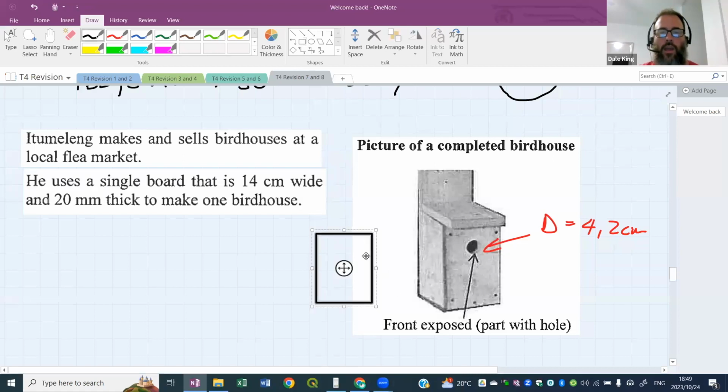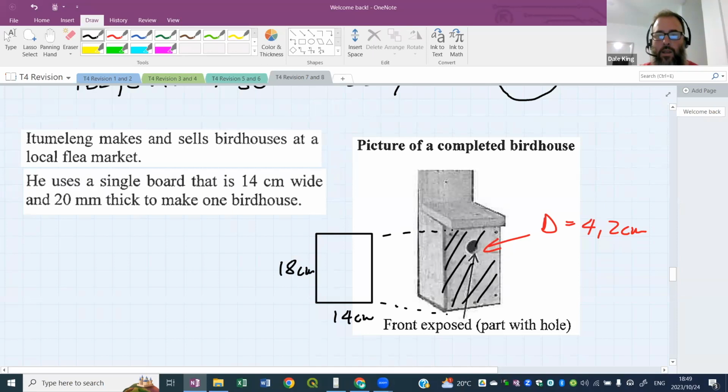I'm going to say that this front board of this birdhouse is 14 centimeters wide, and I'm saying it's 18 centimeters high. So that front rectangular piece of board that I'm highlighting is 14 centimeters wide and 18 centimeters high.